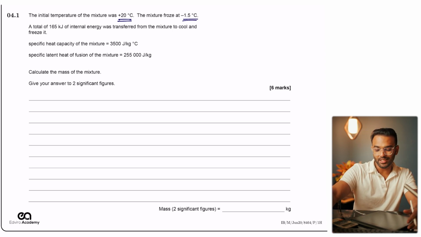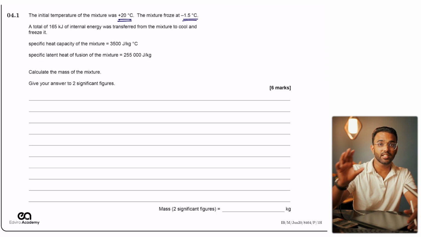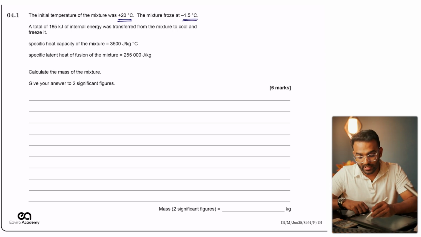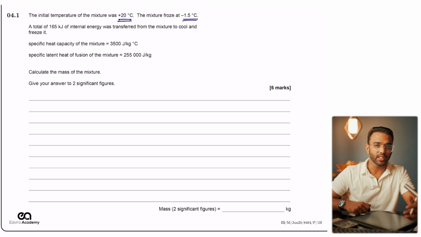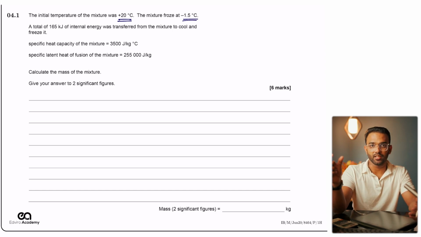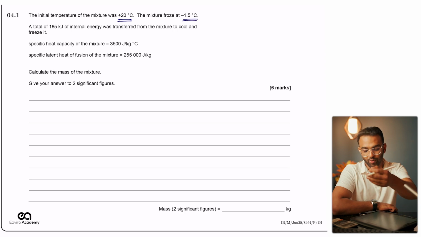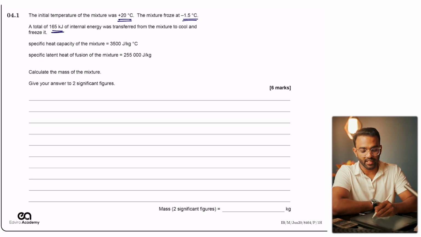So we have taken out 165 kilojoules of internal energy. Internal energy is simply thermal energy, the sum of kinetic and elastic potential energy of a system. So we have taken that amount of energy out of the system. The specific heat capacity of the mixture is given, the latent heat of fusion of the mixture is given, and we need to calculate the mass of the mixture in this case.